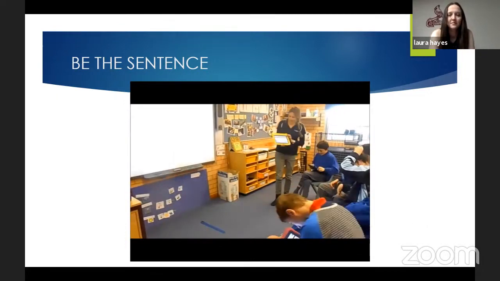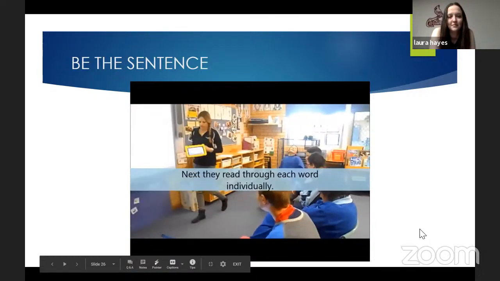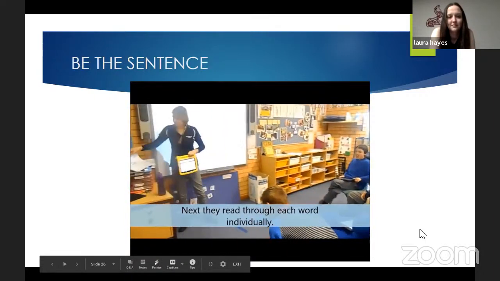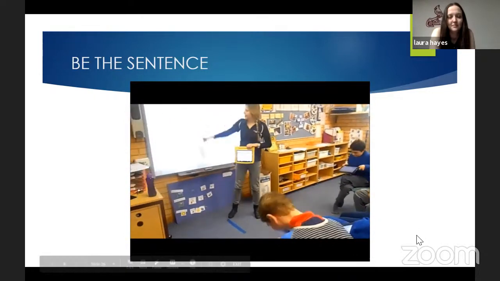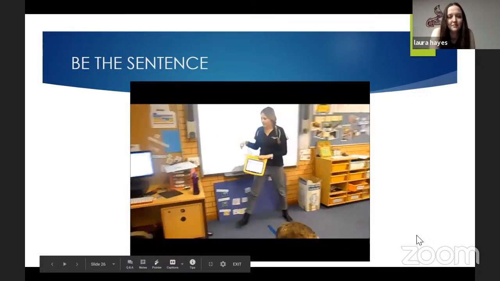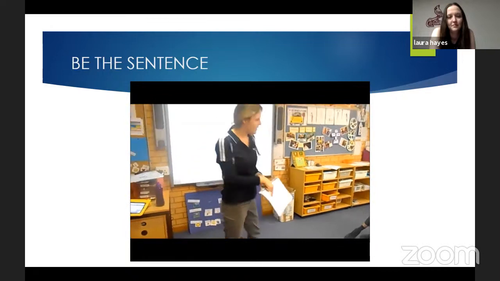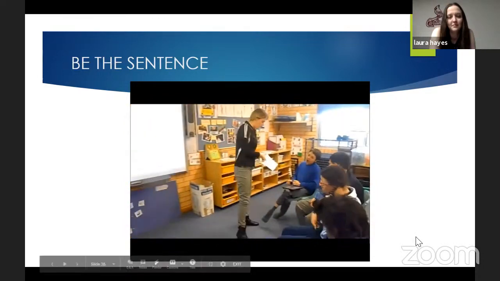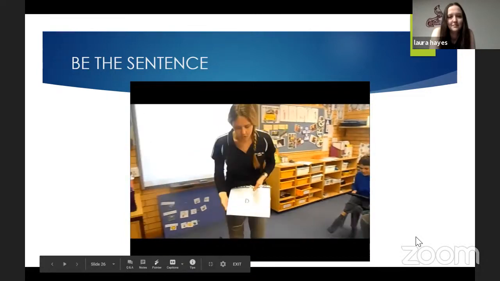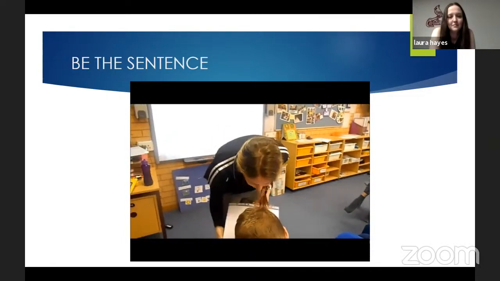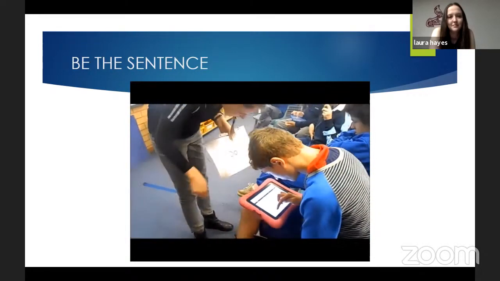Now we're going to have a go at being the sentence. Let's have a look at our words. We've got our first word here. Do. Can you see do is our first word in our sentence, and it has a capital D. Because when you start a sentence, it always starts with a capital D. Can you find do? Find me that capital D. Excellent.